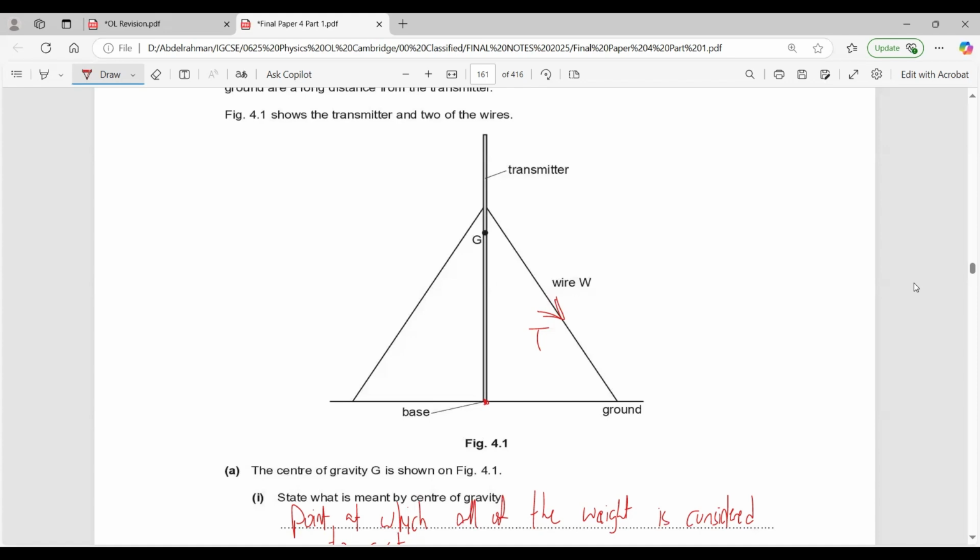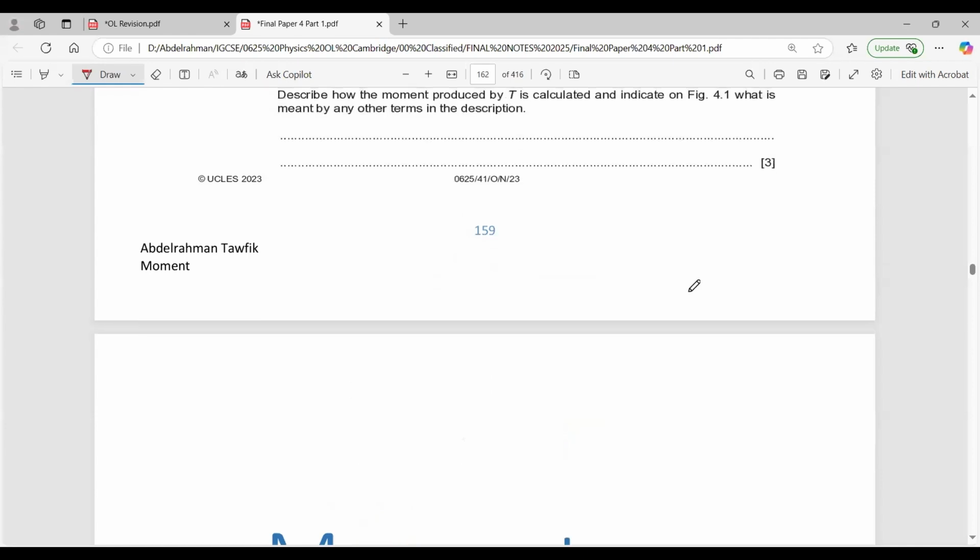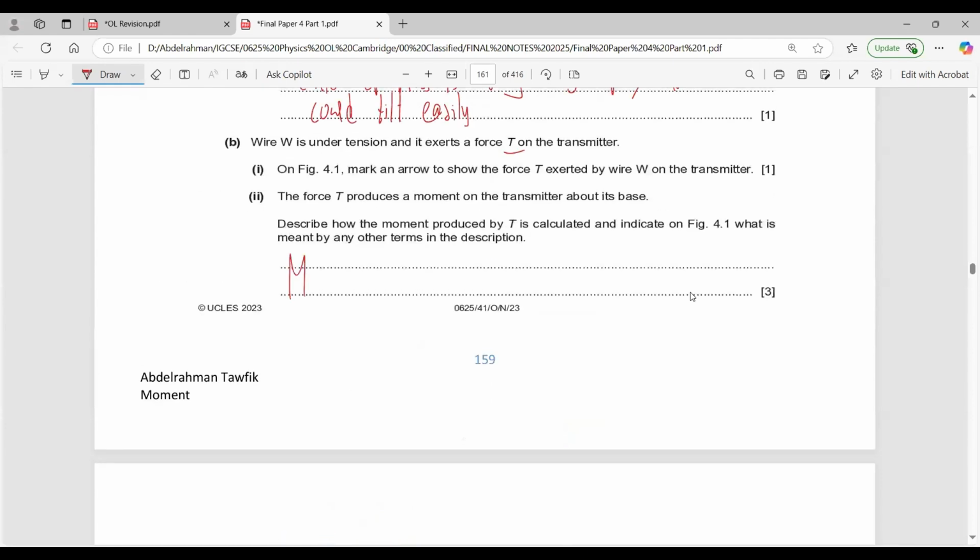So the perpendicular distance is this, D. Force times perpendicular distance. That's all you need to do. This is F, let's say. So here we need to write down: moment equals force times perpendicular distance.